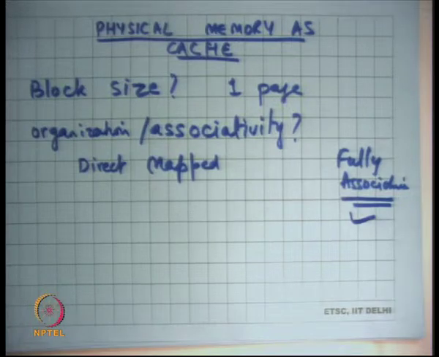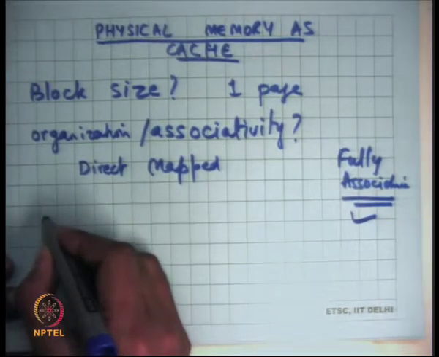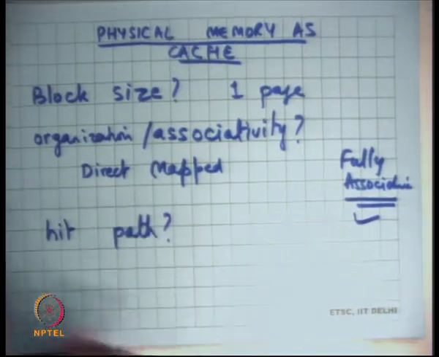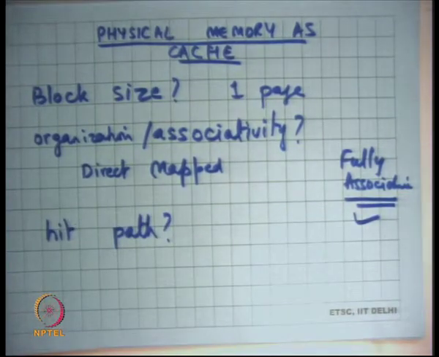So what's the hit path? We want the hit path to be really fast, which means, how does the system check whether the access is a hit? Well, a hit has no software involvement, it goes purely in hardware. An instruction executes, it has a memory address.